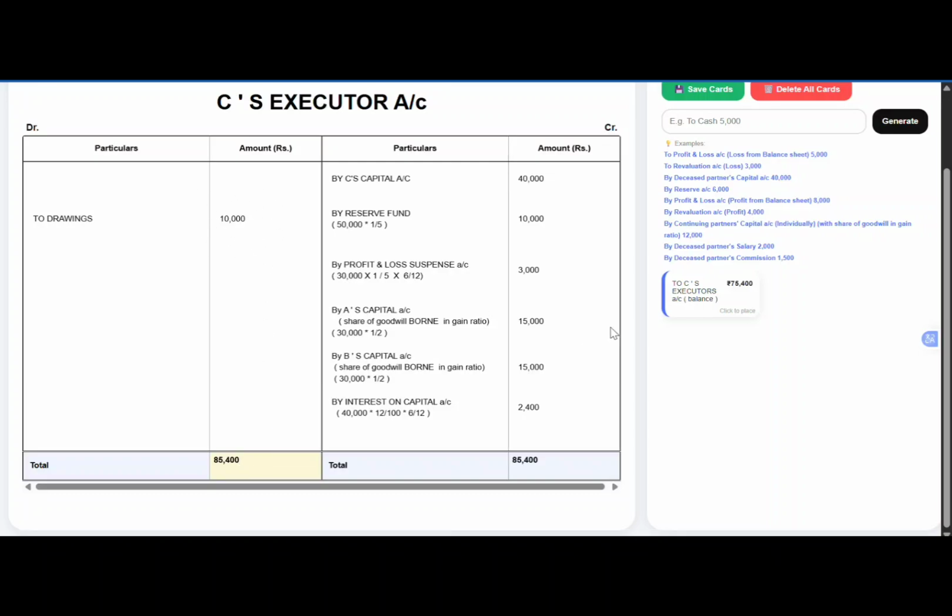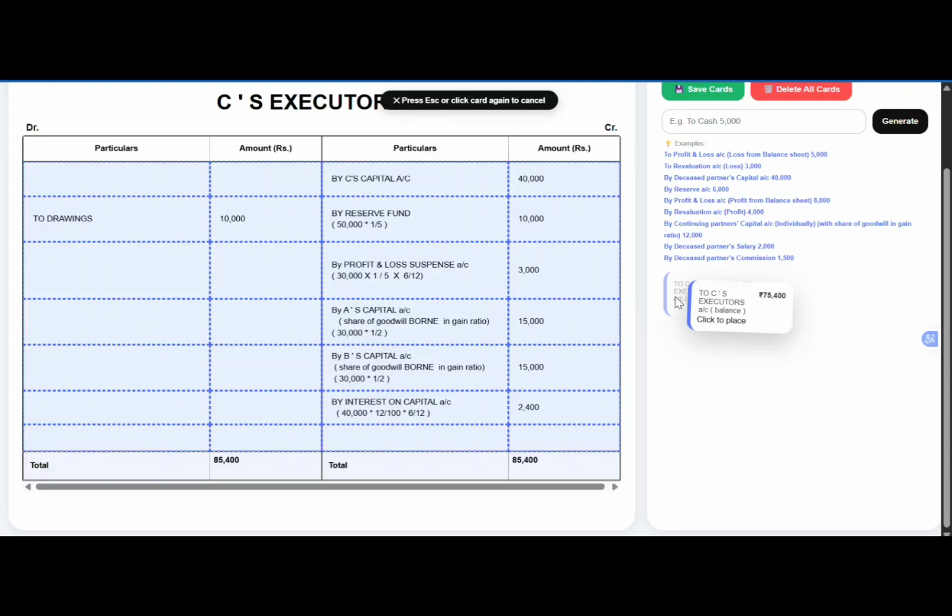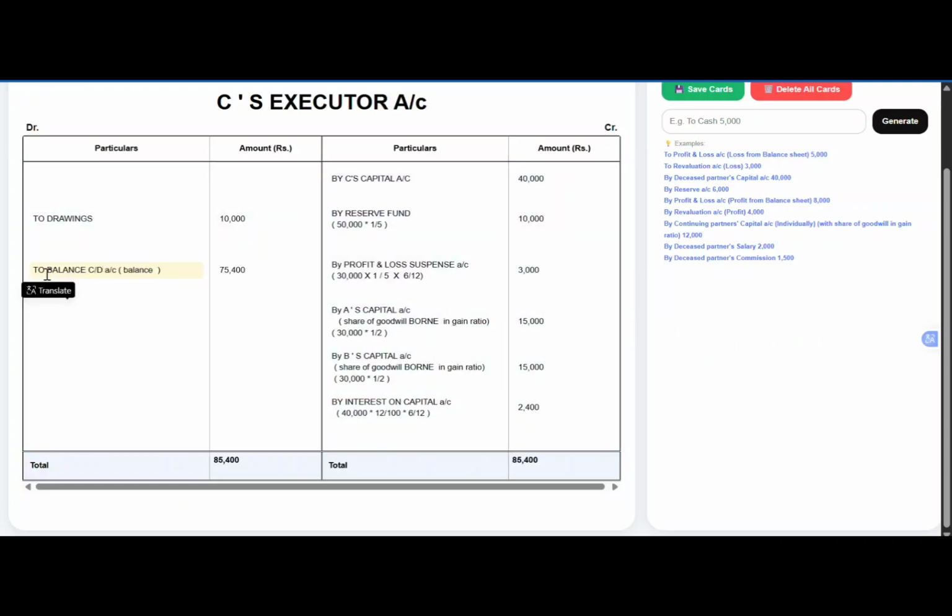The balancing figure will be transferred to the debit side of the executor's account as balance carried down. So this should be written as balance carried down. That's the balance which is made for the executor. So this is the amount which has to be received by the executor on behalf of the deceased partner.